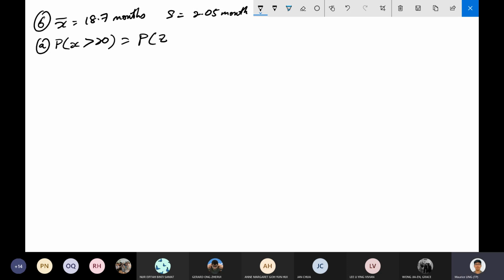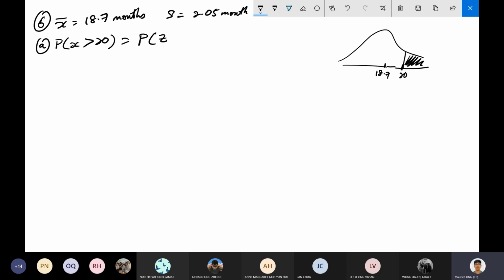Convert it into a Z value. Okay, so here, if you want to draw it out, it will look something like this. This is 18.7 months. Somewhere here is 20 months. So you want to find this area.